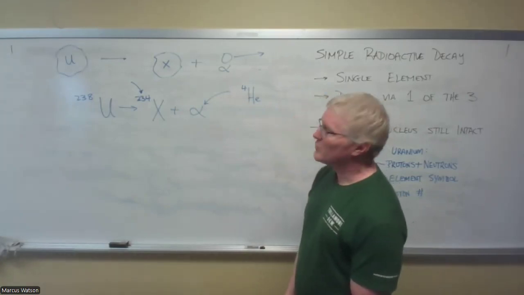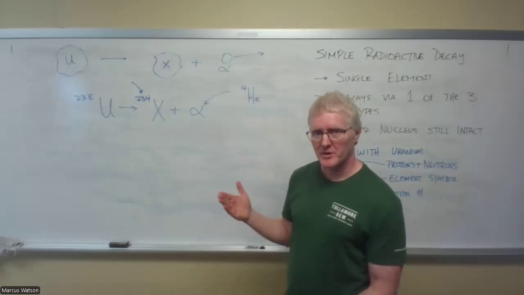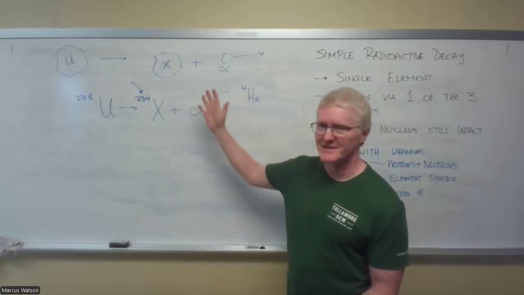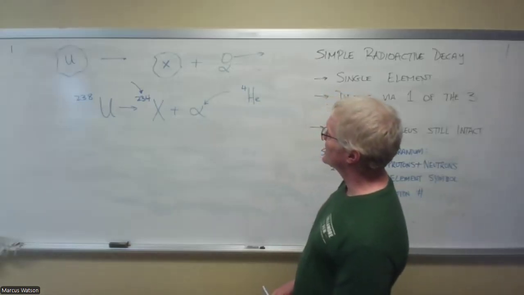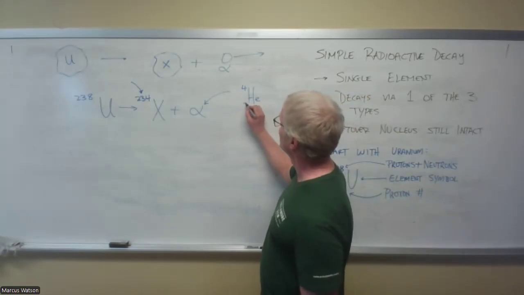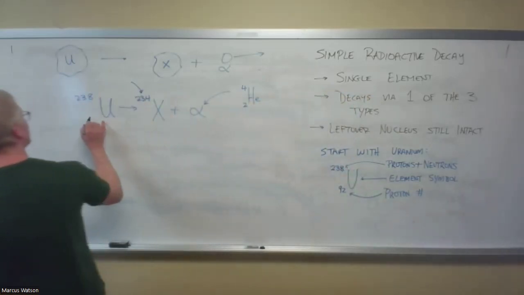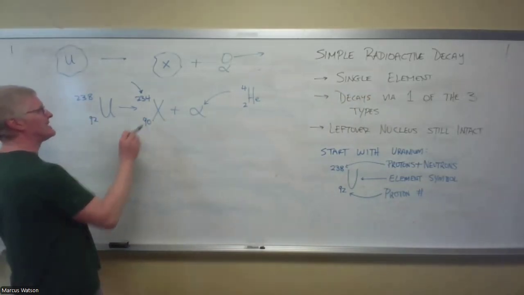The question then is, what would the proton number be? If I figured out the proton number, I'd be able to tell you what the symbol is instead of using X. So in this case, we know that there are 2 protons in the helium nucleus, and there's 92 in the uranium, and that would mean I have 90 left over here.